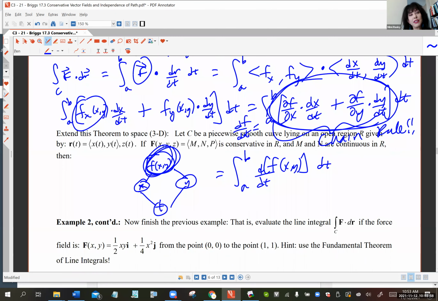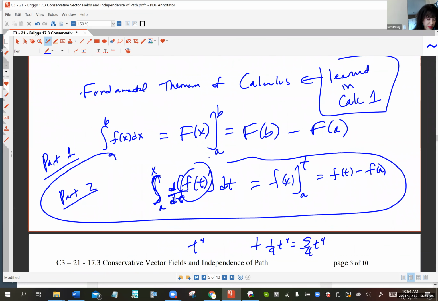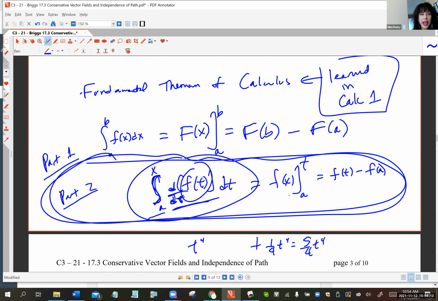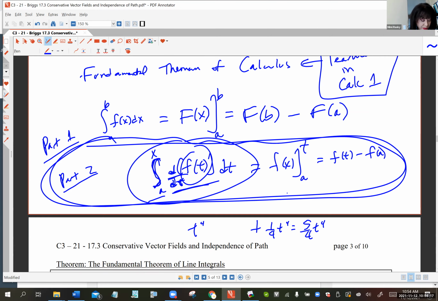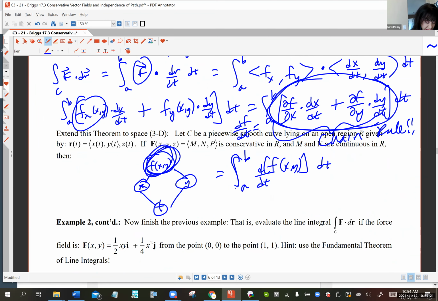Now comes the last step. I am now going to use part 2 of the fundamental theorem of calculus to finish this proof. Remember, when you integrate a derivative, what do you get? Since integration and differentiation are inverse operations of each other, you're taking the integral here of a derivative here.